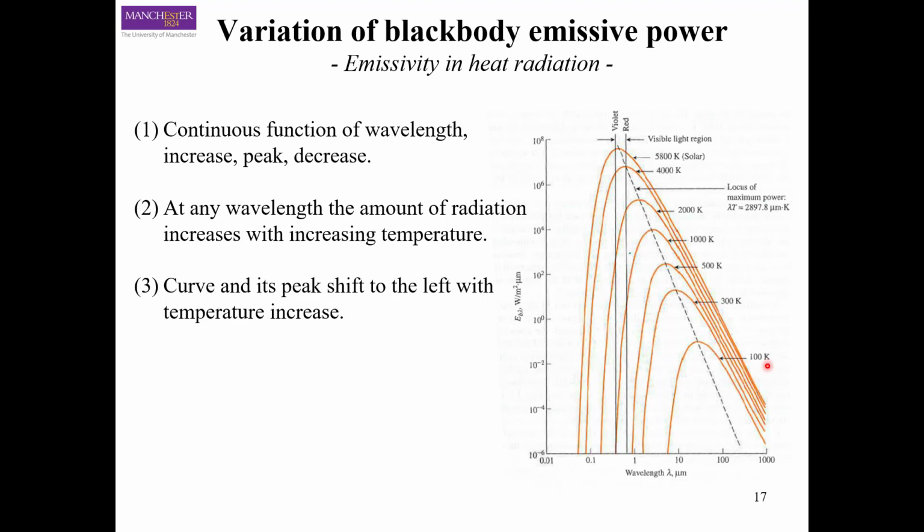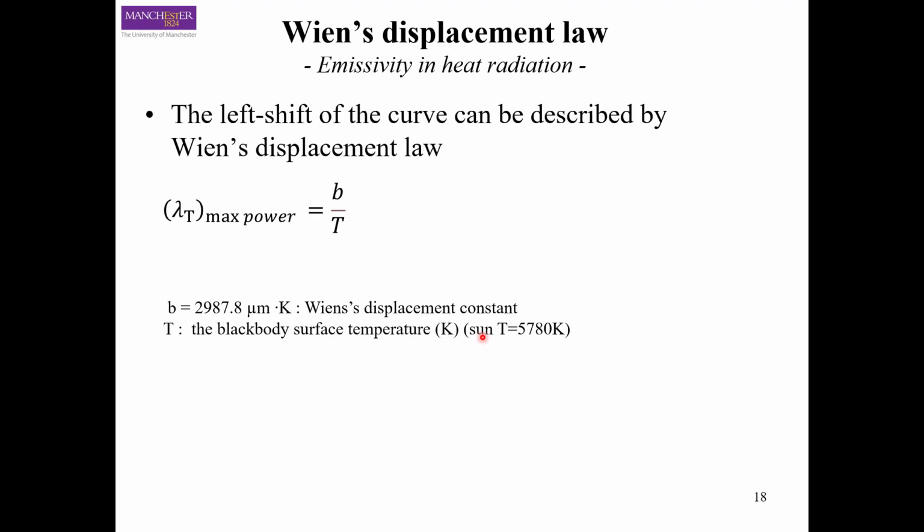If you change the temperature, the peak of this wavelength curve shifts to the left. For example, for the case of 100 Kelvin, you have a value of, let's say, 0.5. For the case of 500 Kelvin, this peak moves to a value of, let's say, 100. So there is an increase in the peak value with increase in temperature, and that's what is explained here. We can calculate this peak by using Wien's law.